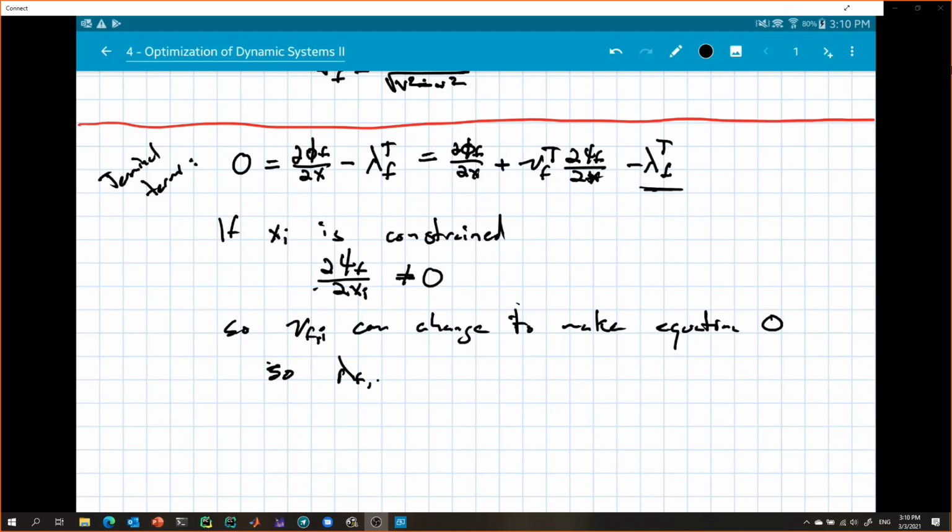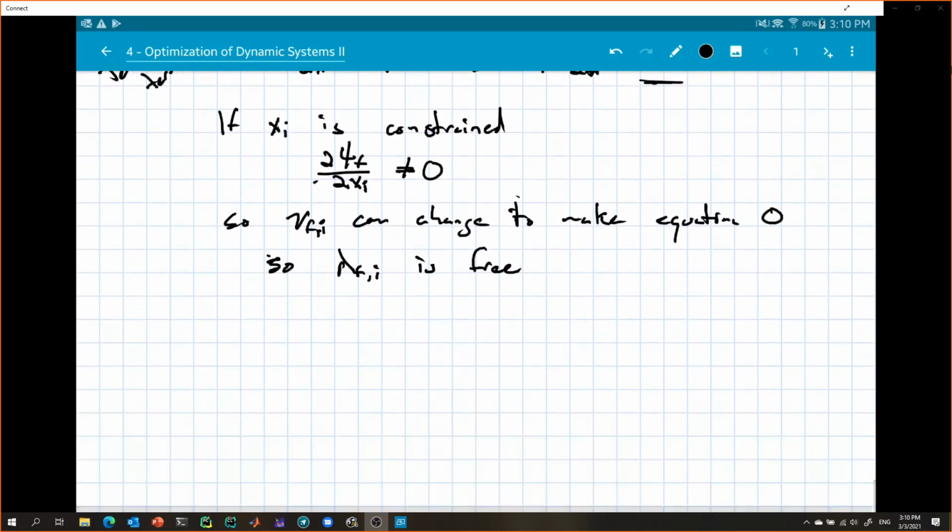And the phi i is free. Likewise, if xi is not constrained, then this is equal to 0.